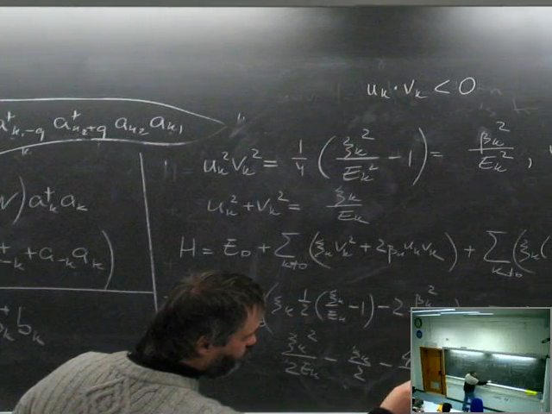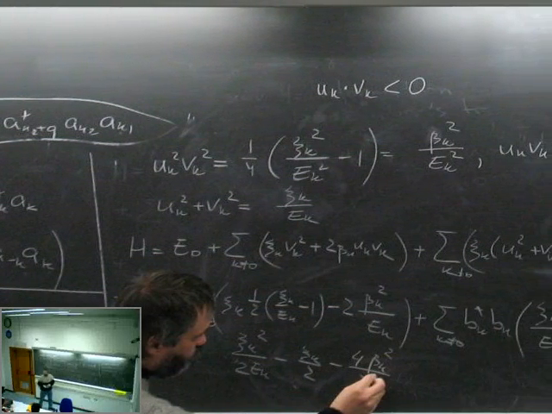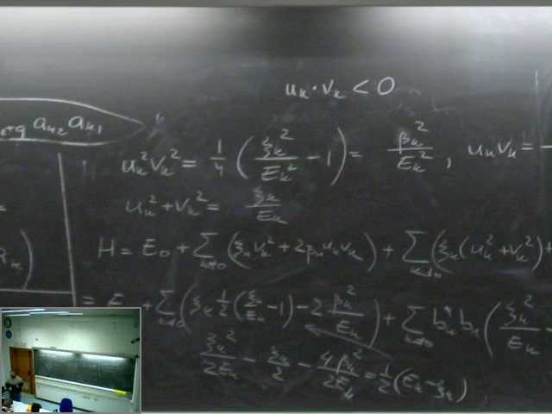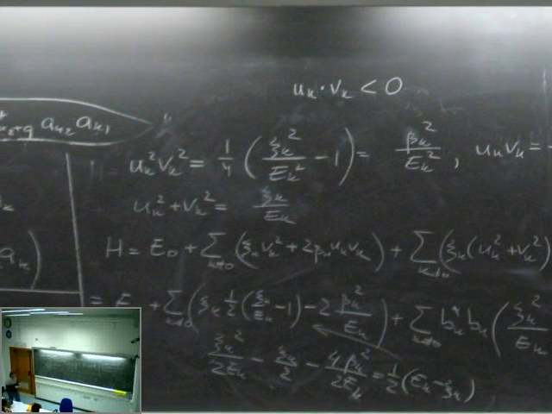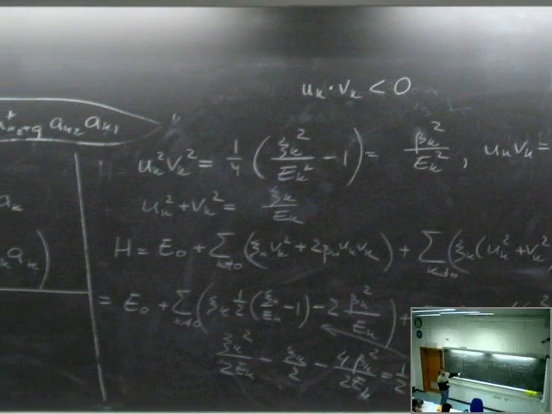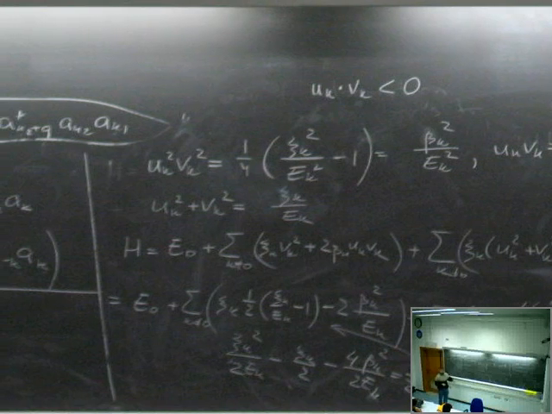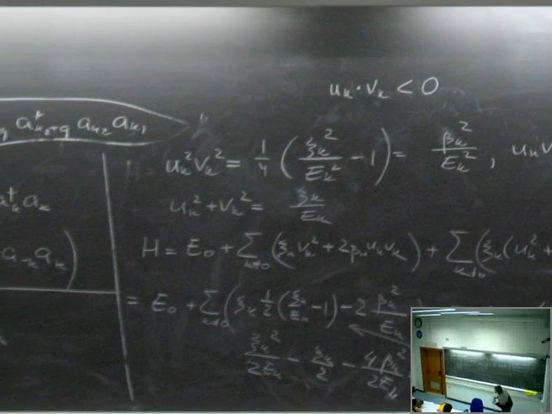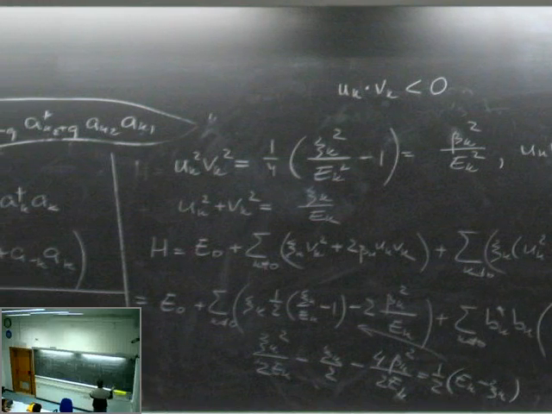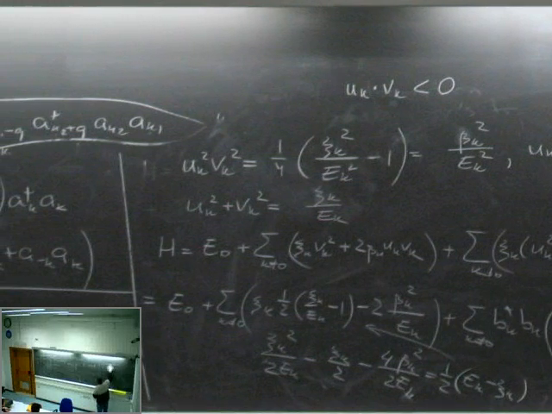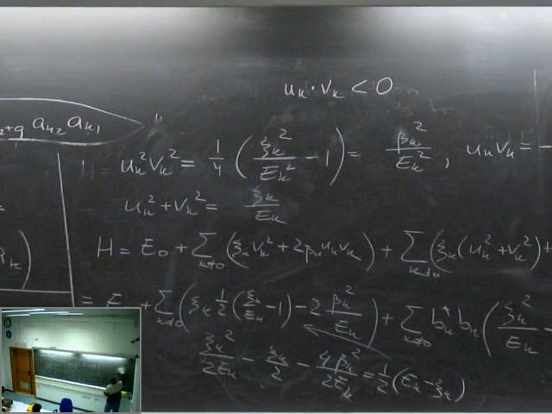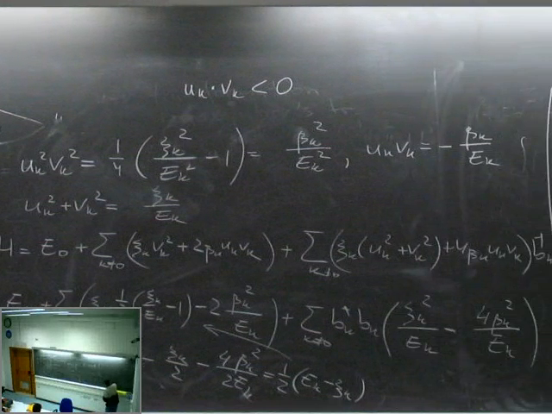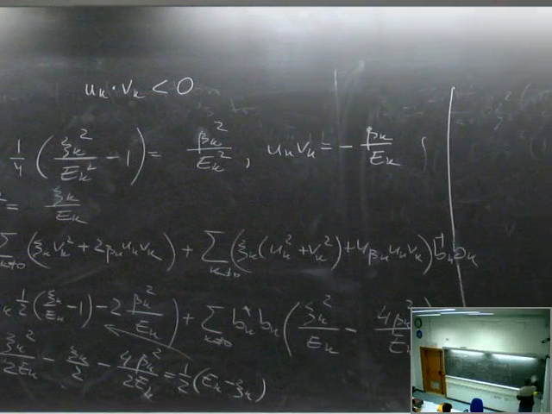So this is what is standing here. But anyway, I'm not interested in this term. It's just some constant which goes into E naught. I'm not going to discuss it in any detail because I would like to concentrate on the spectrum.